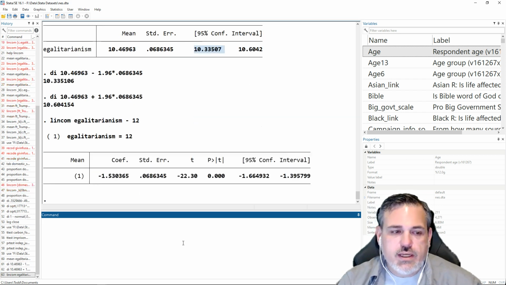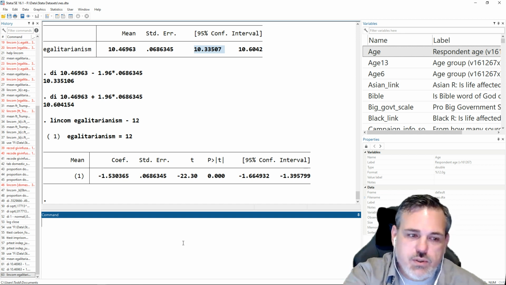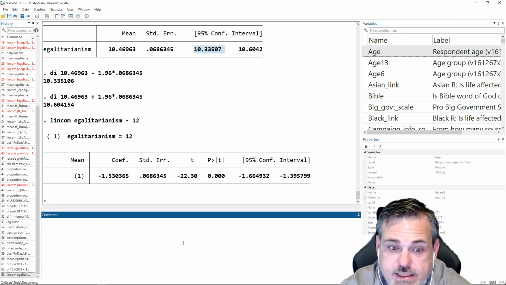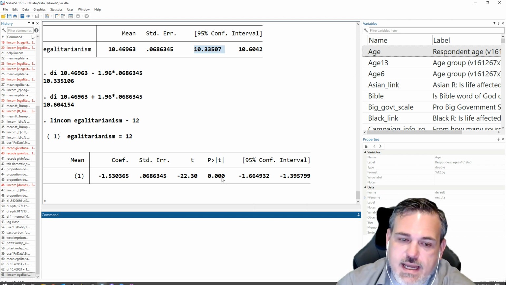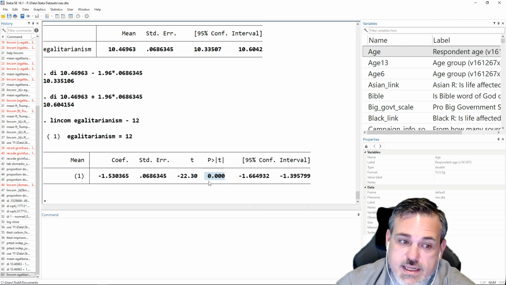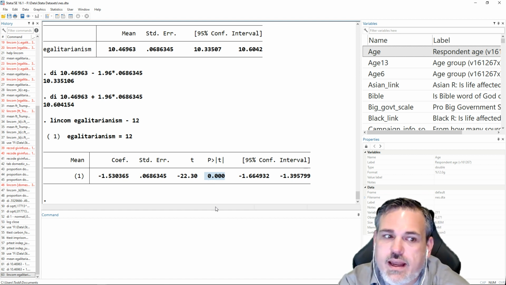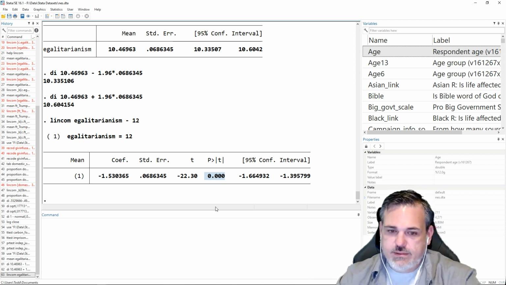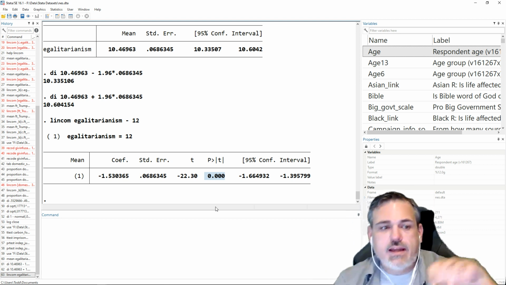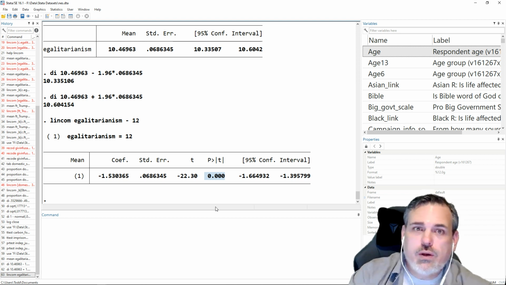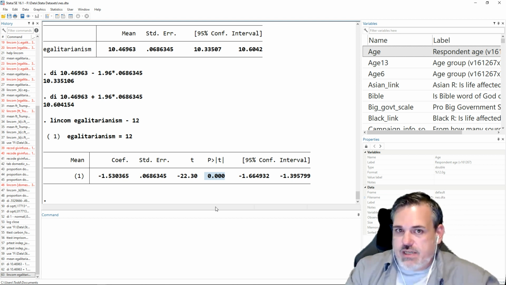So when we do lincom minus 12, we're going to test the null hypothesis that egalitarianism is equal to 12 in the population. By getting a significant test, we essentially know that if we were to get a sample egalitarianism score of 12, we would be lying outside of that 95% confidence interval range.